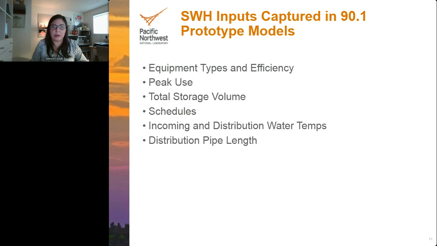So whether they're in an apartment building or in an office, what are the usage patterns and the peak GPMs that are used at different schedules. Storage volume, if there is a storage tank. Schedules, as I mentioned, depending if it's an office or a hospital that's running 24 hours. Incoming and distribution water temperatures.